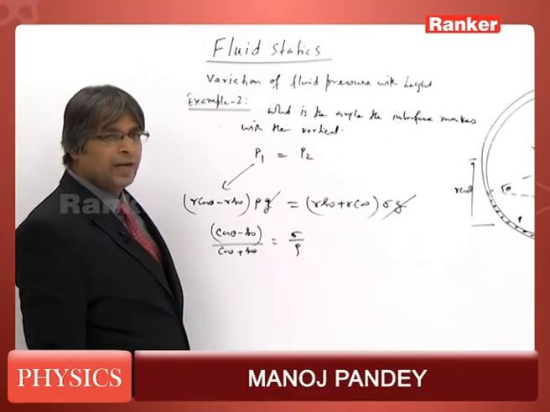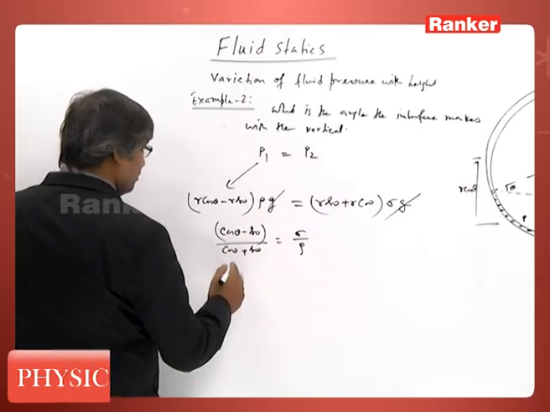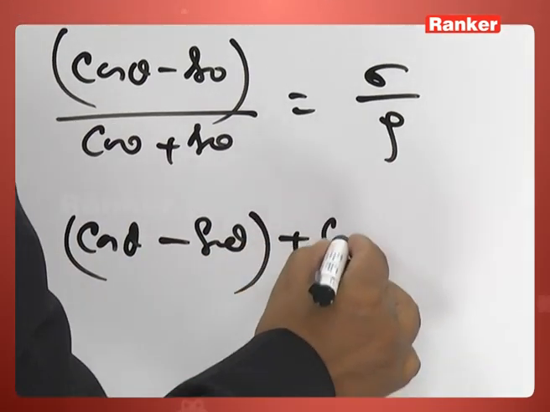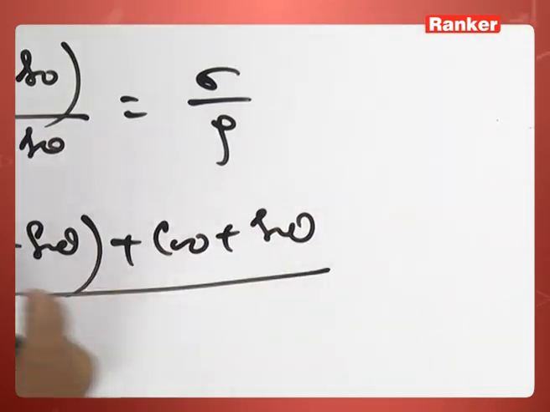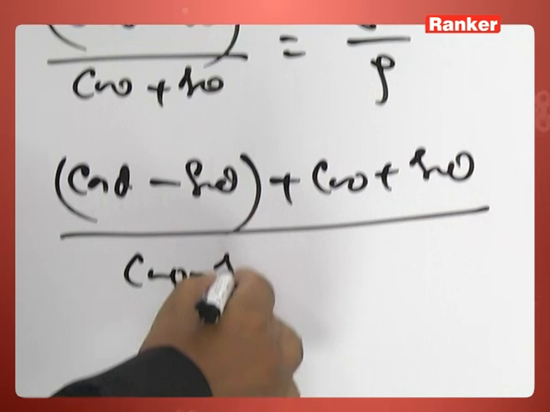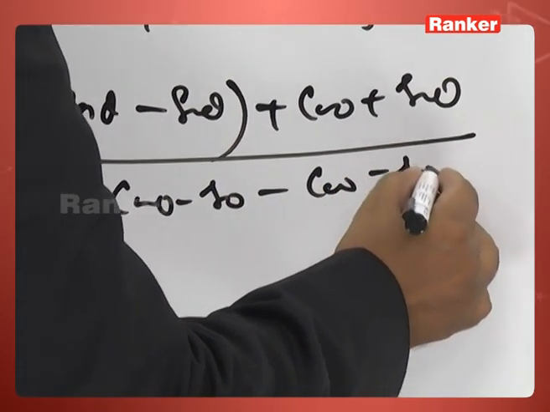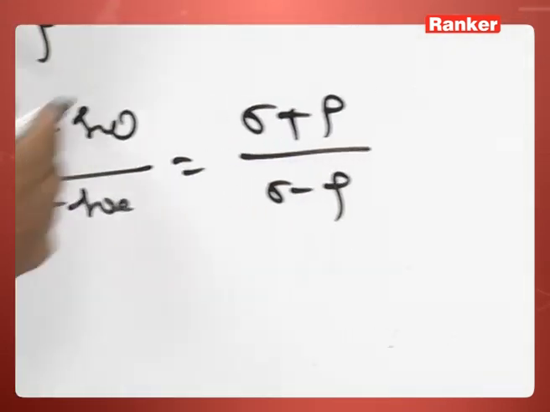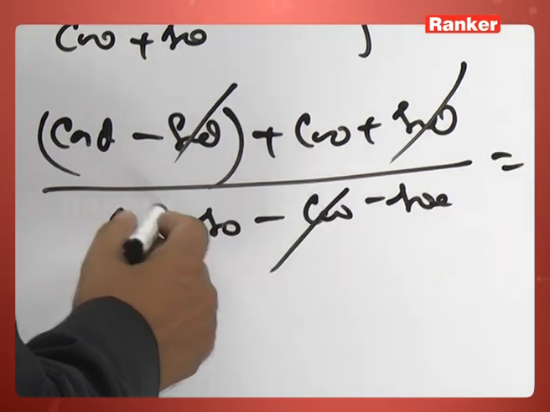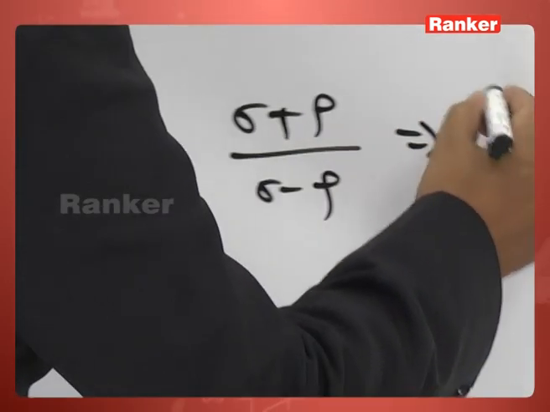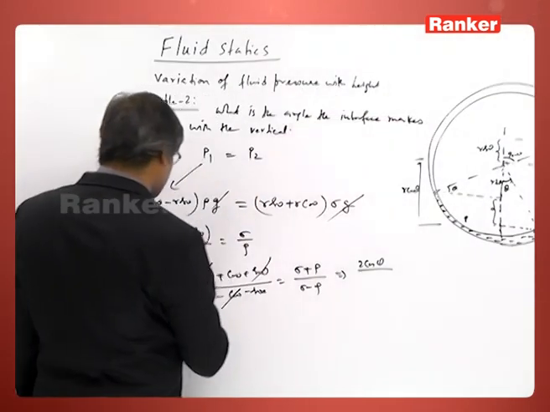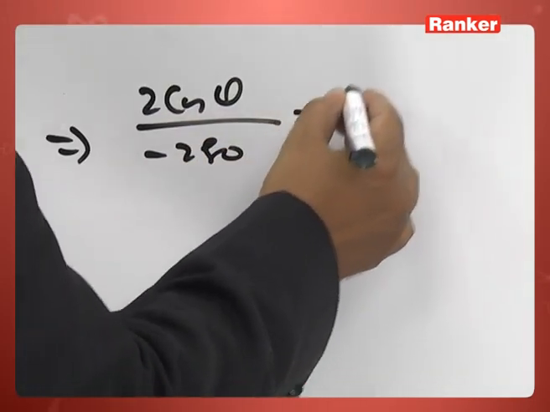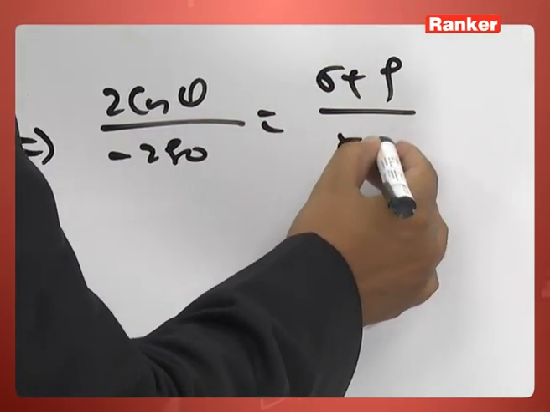I wish to calculate theta. So what do I do? We use our trigonometric formulas: cos theta plus sin theta plus cos theta minus sin theta, over cos theta plus sin theta minus cos theta plus sin theta, is equal to (sigma plus rho) by (sigma minus rho).